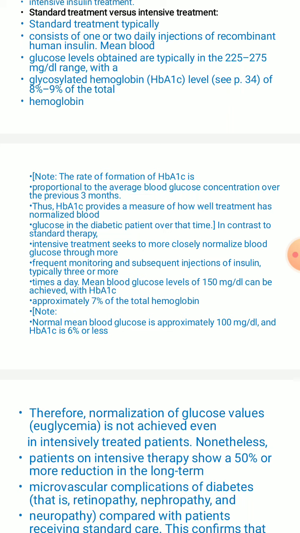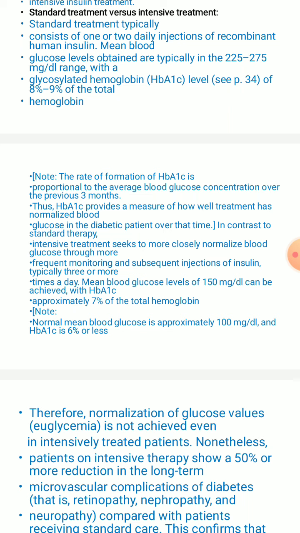In contrast to the standard therapy, intensive treatment seeks to normalize more closely the blood glucose level through more frequent monitoring. You have to keep on monitoring the patient, with subsequent insulin injections three or more times a day.